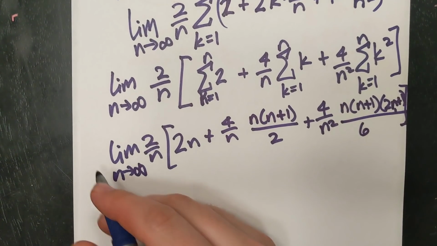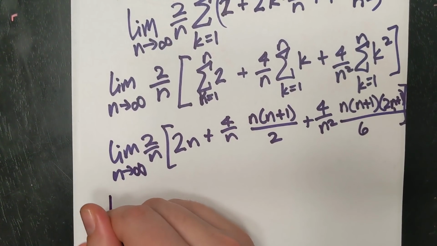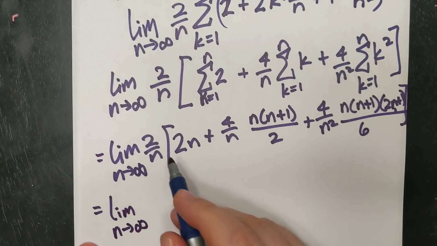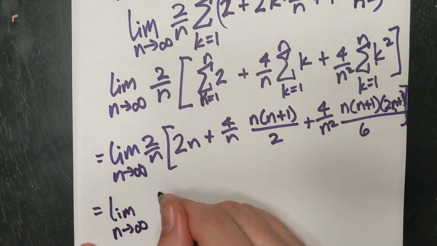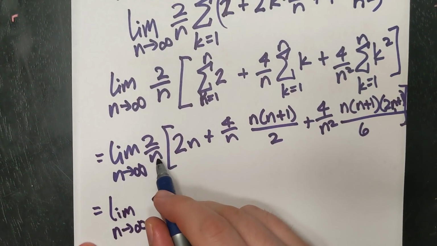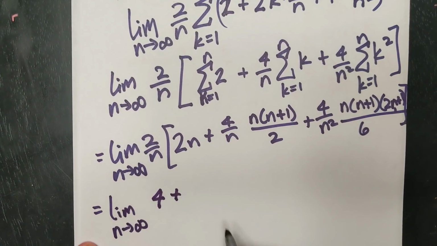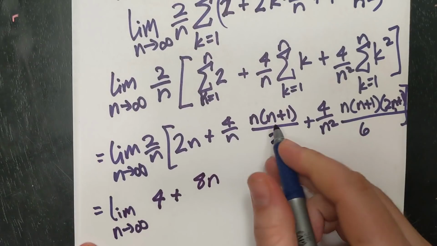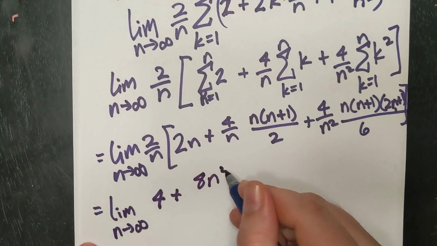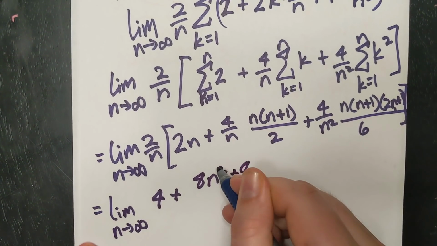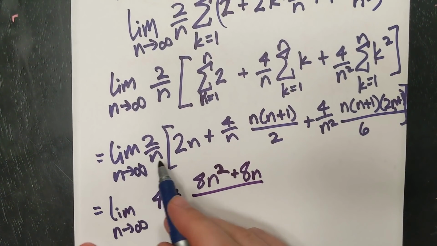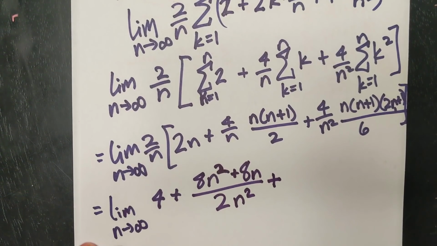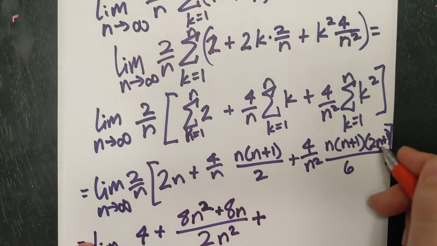So here we go. It's equal to the limit as n goes to infinity. If you multiply these out, you have 4 times n divided by n, so just 4, plus, okay, here I have 2 times 4, so that's 8. This is going to be n squared plus n, so when it times out, it's 8n squared plus 8n, all over n times 2, plus over here you might want to FOIL this really quickly.